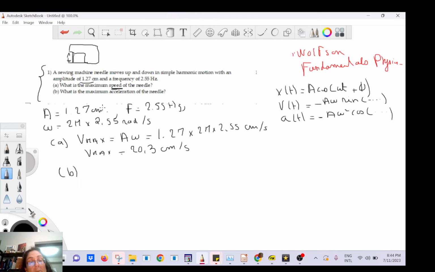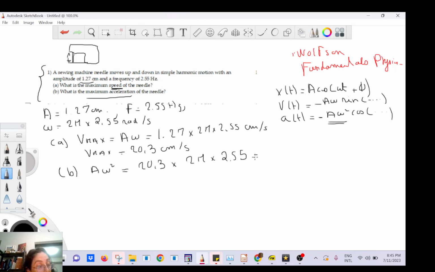So B, maximum acceleration. That will be A omega squared. So it's going to be 20.3 times another omega, so times 2 pi times 2.55, because you have to multiply by omega again.